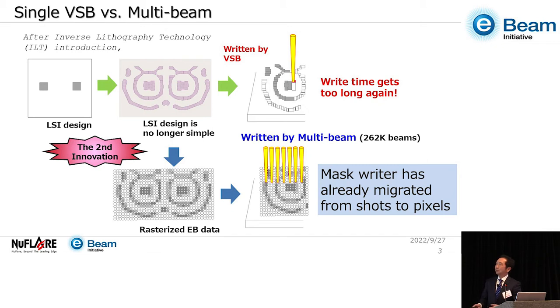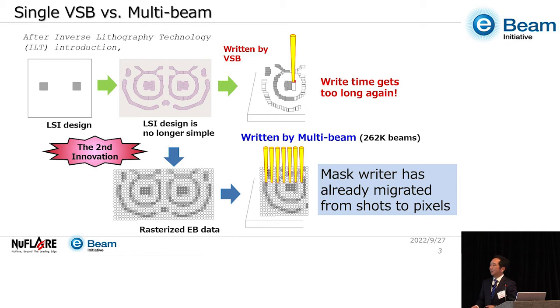And to write this curvilinear pattern, VSB writer has to use many rectangle shots. And write time got too long. But thanks to IMS and the lead by Frank Abudu-san and your future vision, introduce new multi-beam technology to fix or solve the write time issue of VSB.